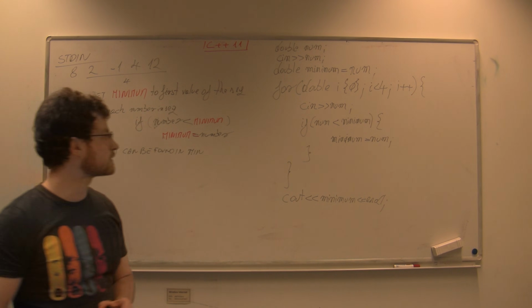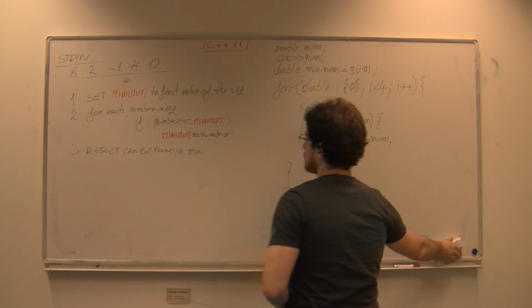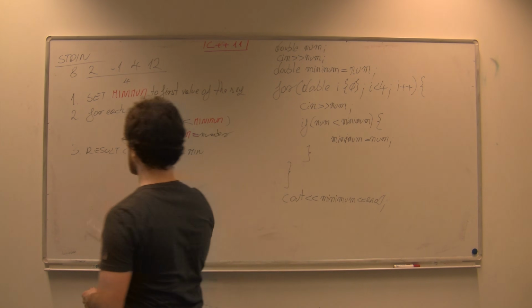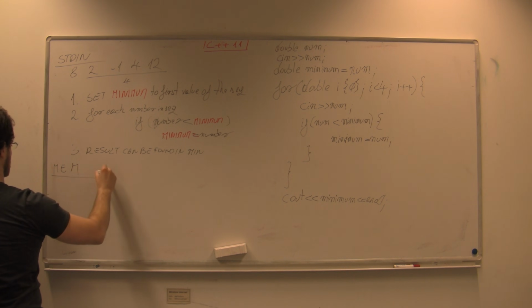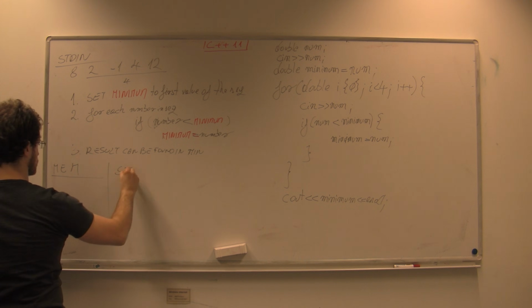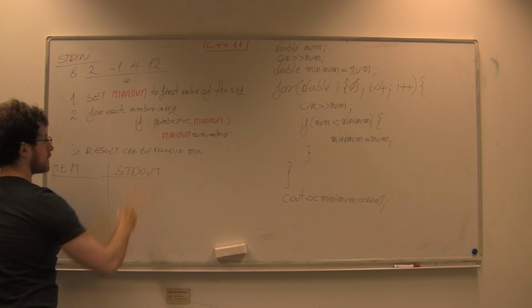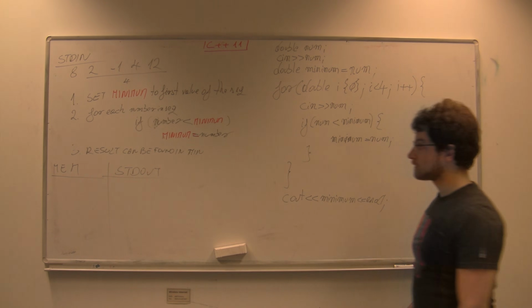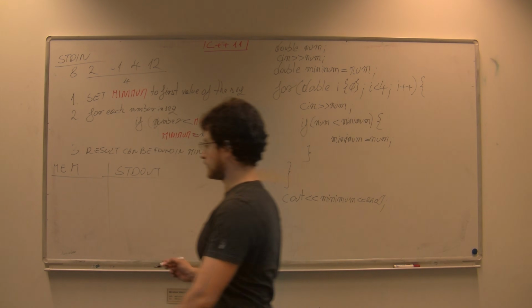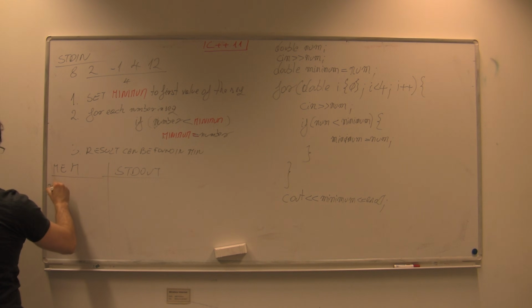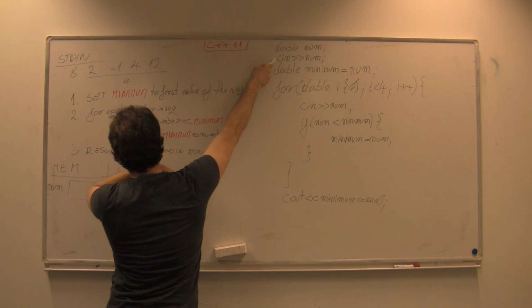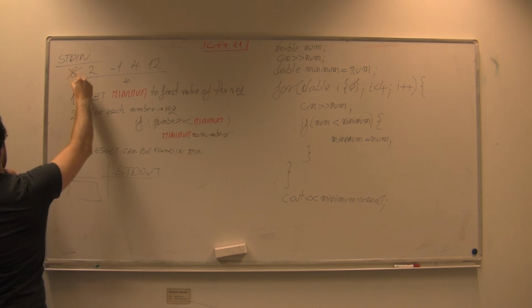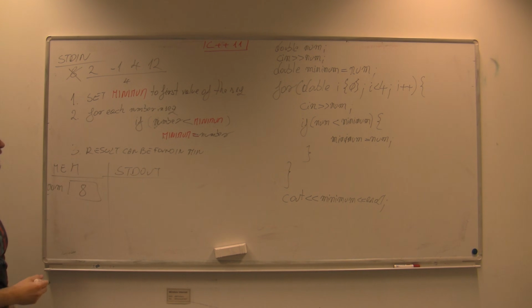Let's convince ourselves that this actually does what it should do. We have numbers on standard input. Let's introduce memory and standard output. First statement, introduce number num, variable num. Bind it to a singular value, read a number from standard input, or extract it, store it in the variable num.